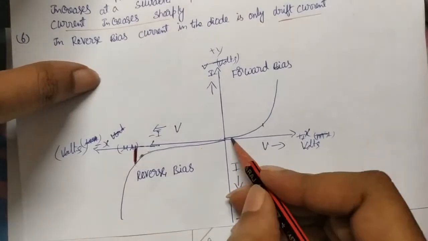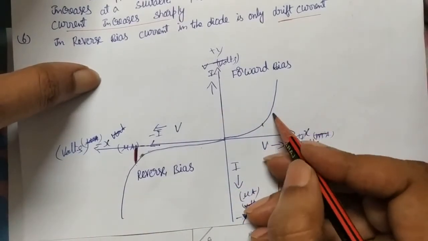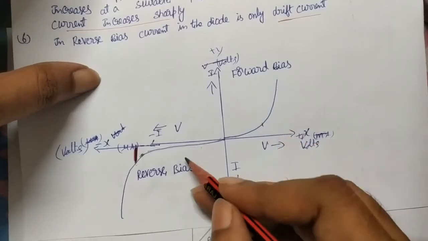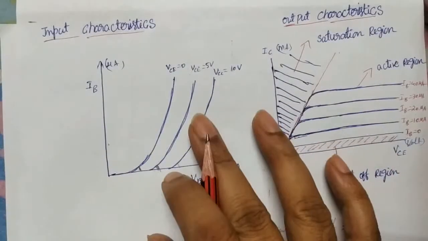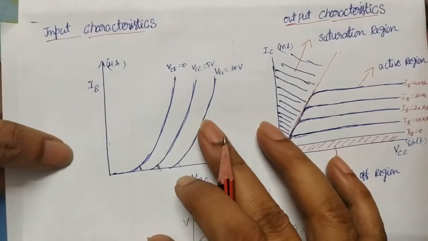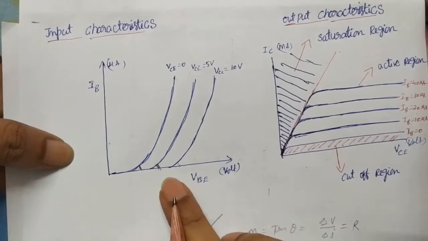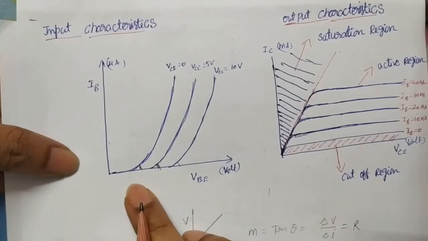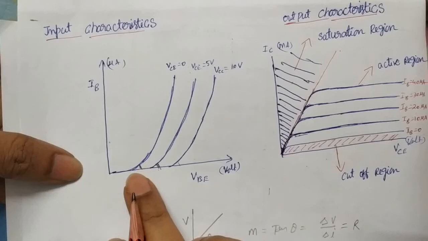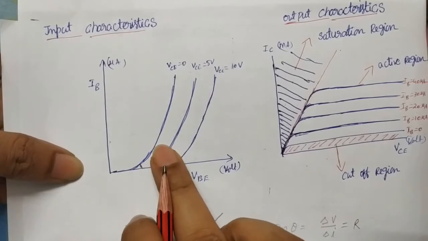Here it has high resistance. When it comes here, current flows a huge value, that means resistance decreases. So diodes and transistors have a variable resistance, what you call dynamic resistance. Depending upon the situation, if the potential is less, it has high resistance. If the potential is more, the resistance decreases.